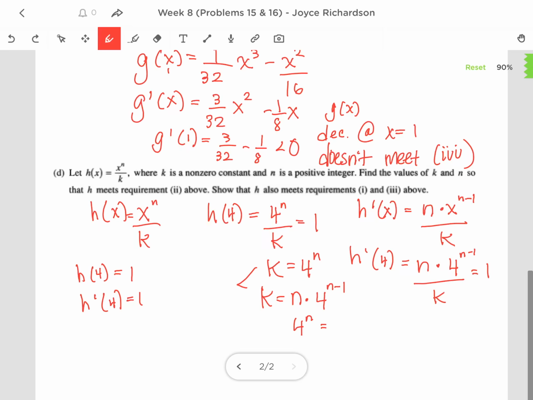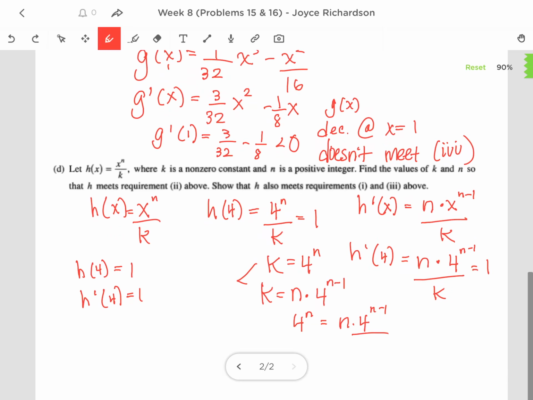So 4 to the n equals n times 4 to the n minus 1. If that's the case, I divide by 4 to the n minus 1 over 4 to the n.